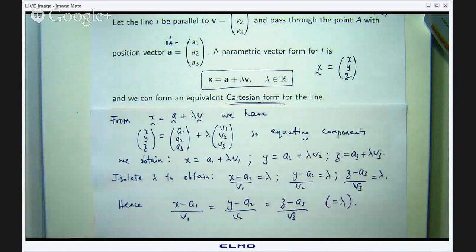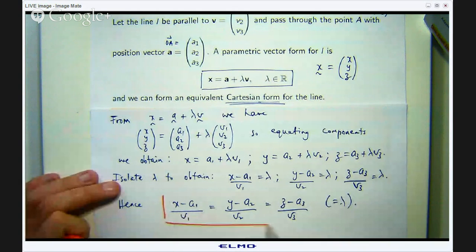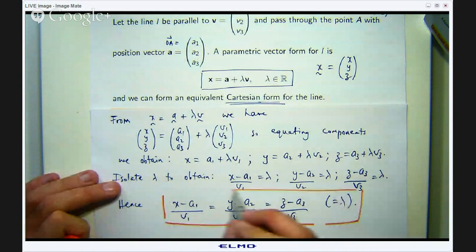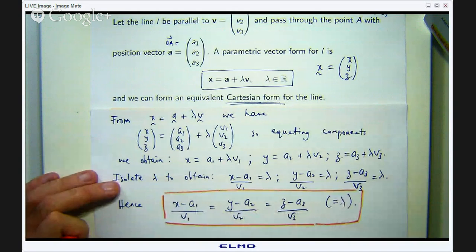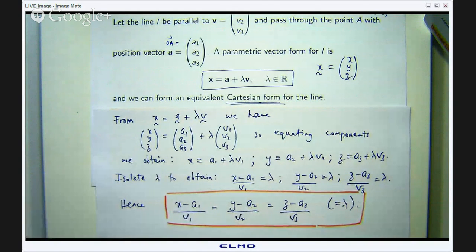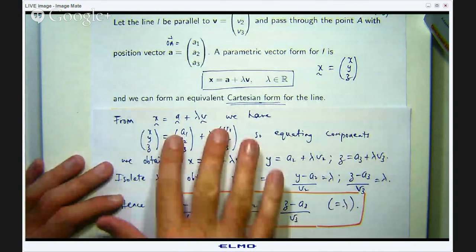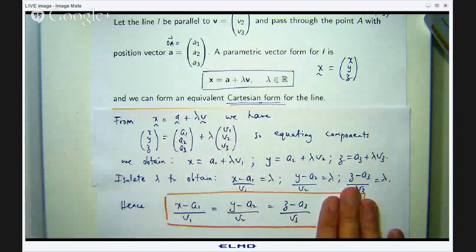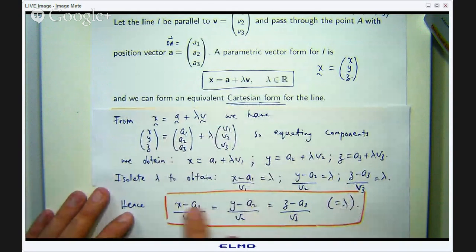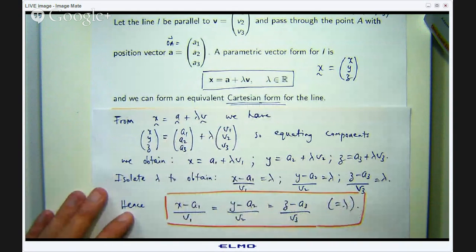All right, so there we have it, the Cartesian form of a line in three-dimensional space. Now to go from here to here, you would start with something like that. You would let lambda equal any of these things, which are jointly equal to each other, and then you would just reverse the steps that we used here.